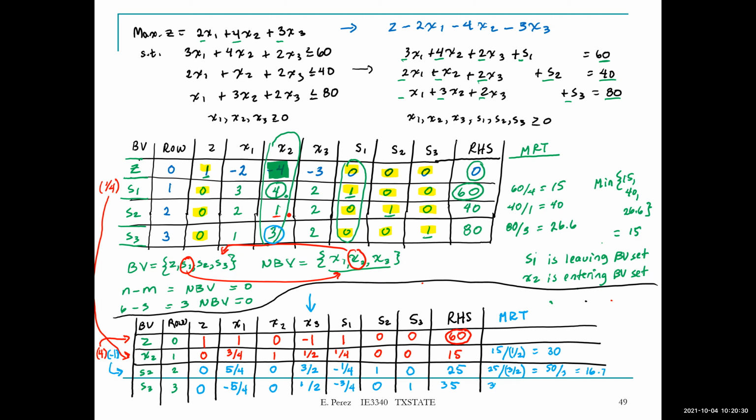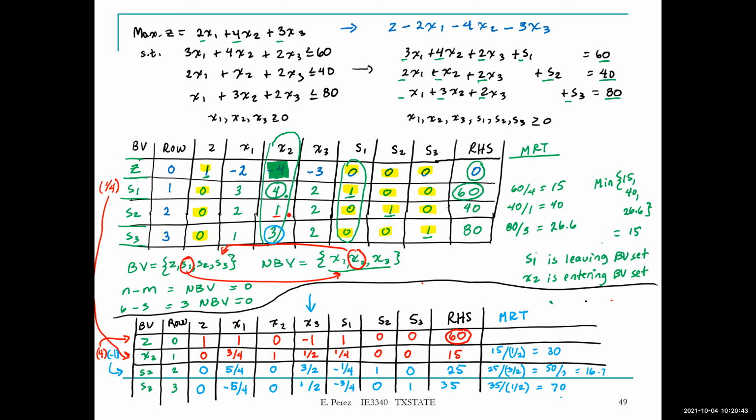And then we have 35 divided by 1/2. So this is 70. So that means that this guy is the minimum. So S2 is leaving.